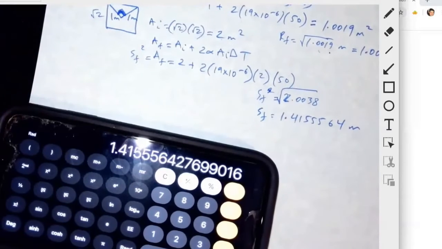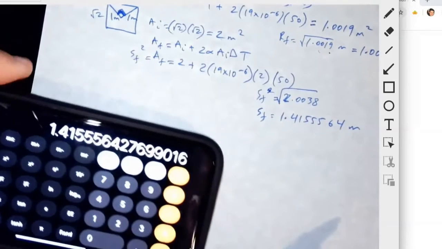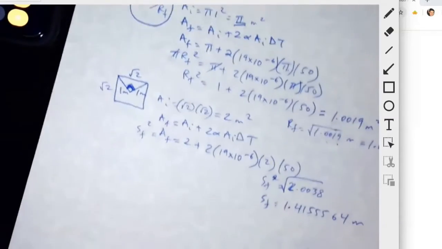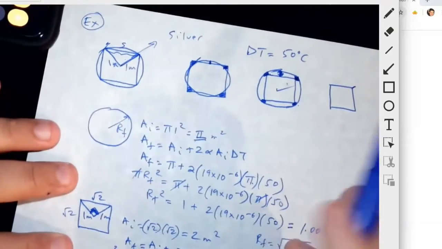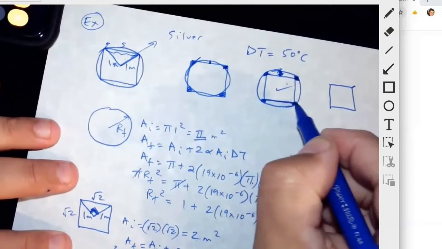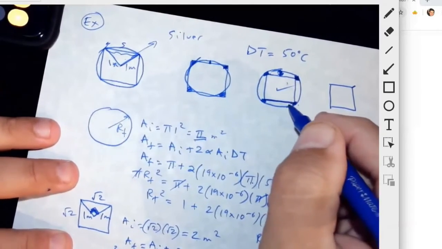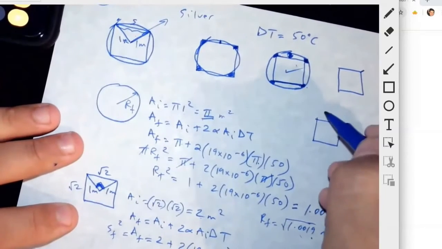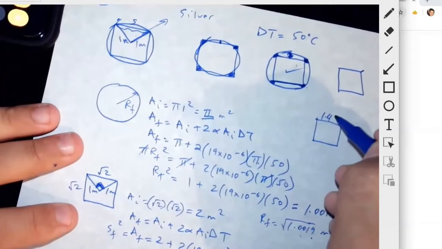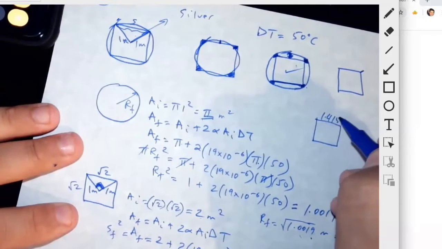That's enough. Okay, so now we should be able to solve that. So now, I'm thinking it's probably this here. So from here to here is 1.4155.